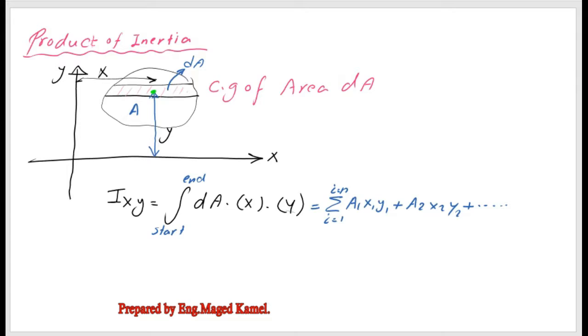The expression for Ixy is equal to the integration of dA multiplied by x by y for that strip, which is equal to the summation of, for example, a1 x1 y1 plus a2 x2 y2, etc., where i equals 1 until i equals n. At the end, instead of performing this task, we are going to introduce only one small strip, and integrate from our start point until our end point.